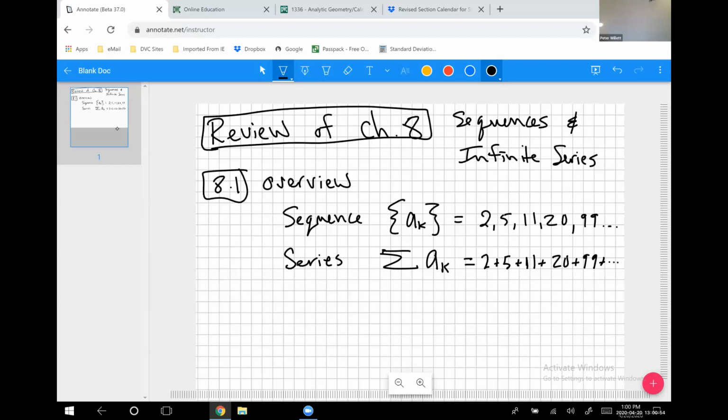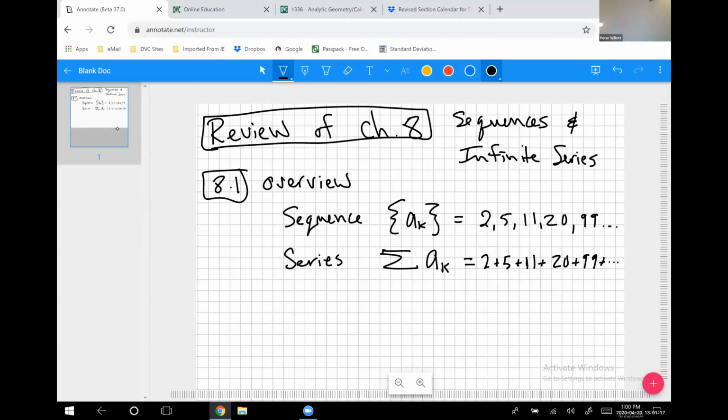And then there's this whole question as to whether it converges or diverges. Because as we've seen when we did improper integrals, when you have a total that's being summed up that keeps going and going and going, it could actually settle in on a value, or it might be that it diverges because it refuses to settle on a value.